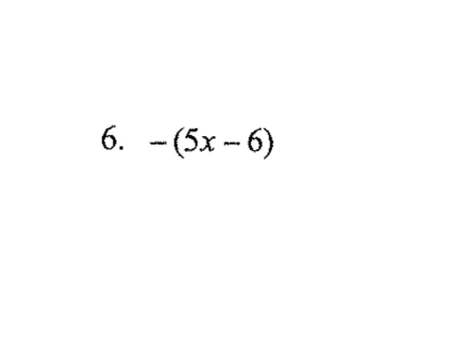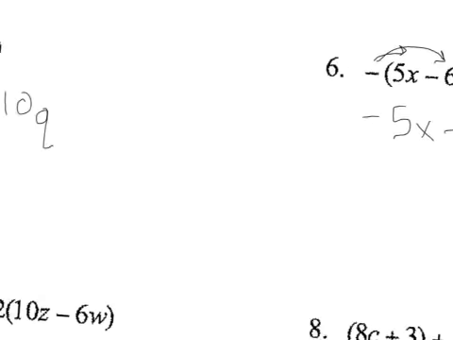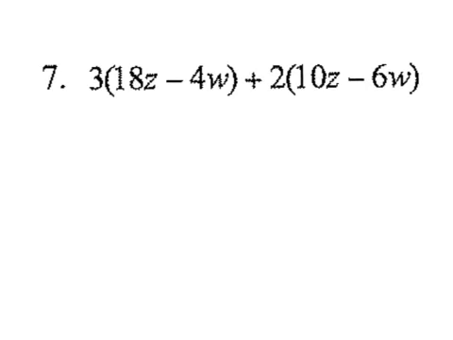Number 6 is more use of the distributive property. Again, you're taking the opposite or multiplying by negative 1. You've got negative 5x plus 6. So we've got some double distributing here.